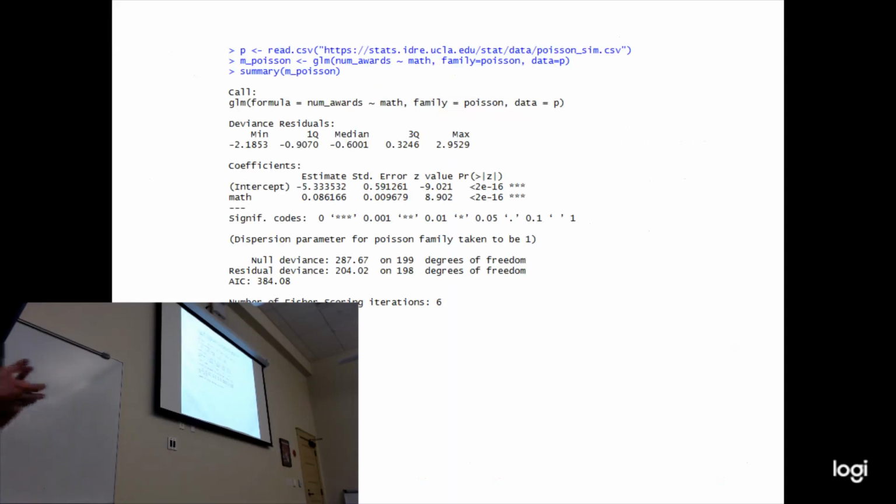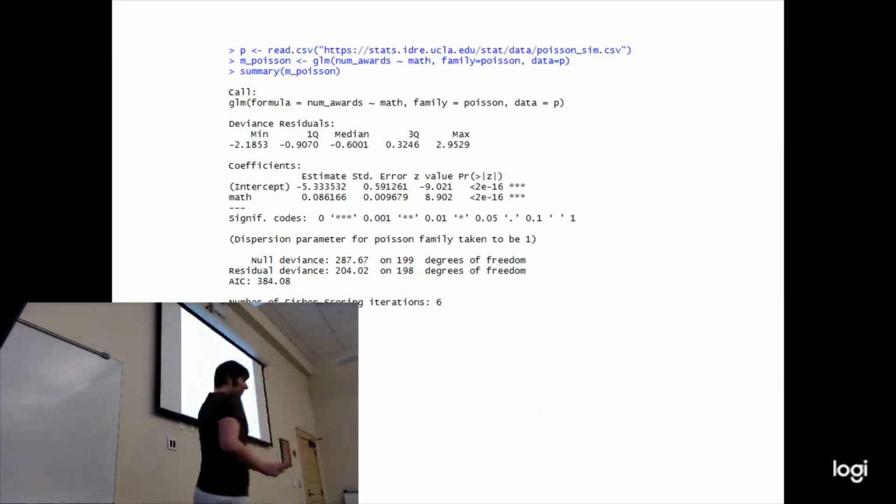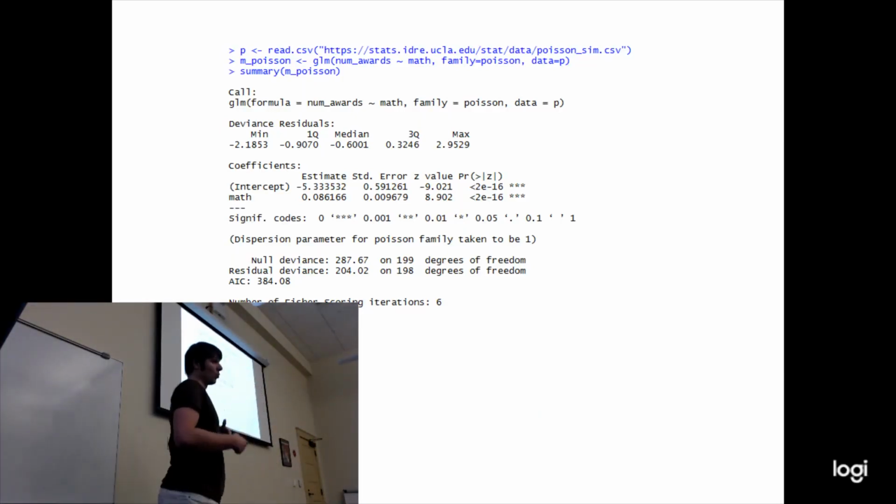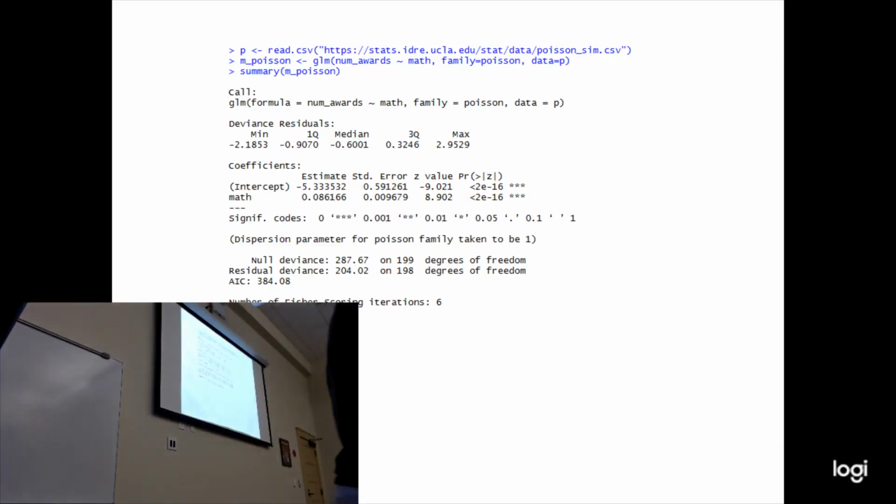So I'm not going to go through the output of one of these models in detail. I'll just put it here in case you need to use it on your own. But this is an example of an analysis of a count outcome, which results in something called Poisson regression. The output looks very, very similar to the output that you'd see for the dichotomous outcome. That's because it's the same kind of model.